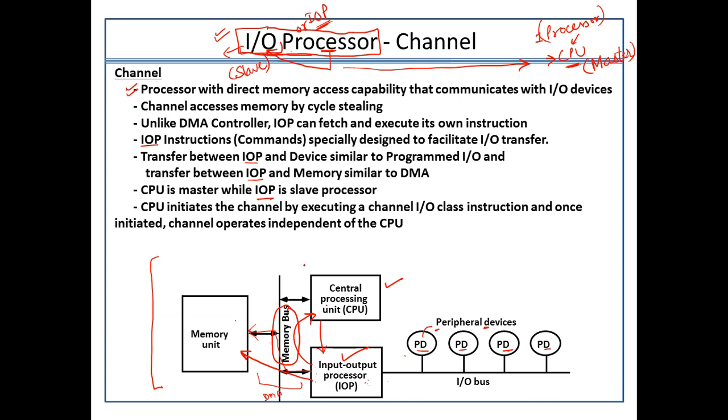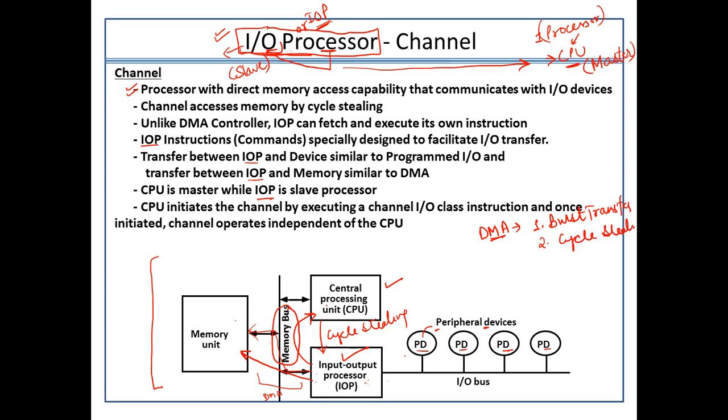But now, whenever the memory bus is taken from the CPU, it always works in the cycle stealing mode. In DMA, I explained two ways of transferring data: one was burst transfer, and the other was cycle stealing mode.